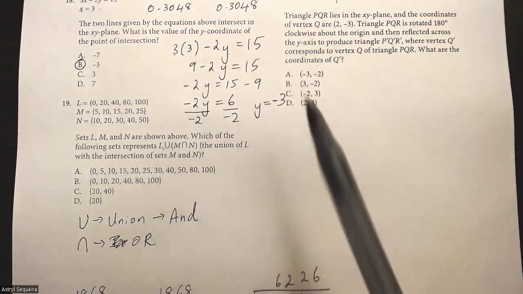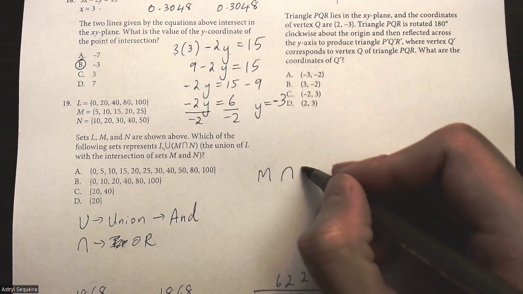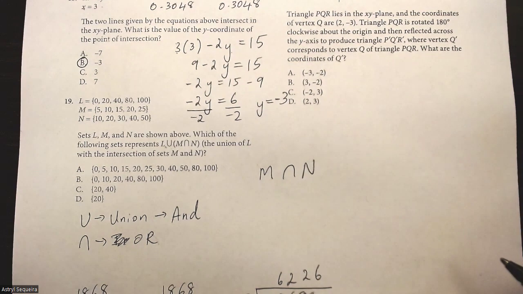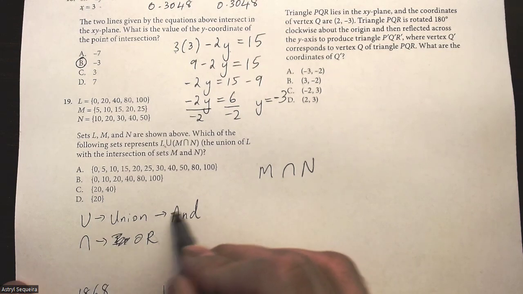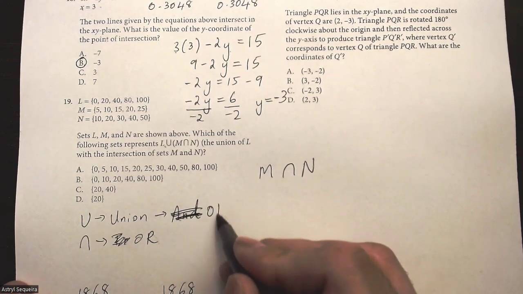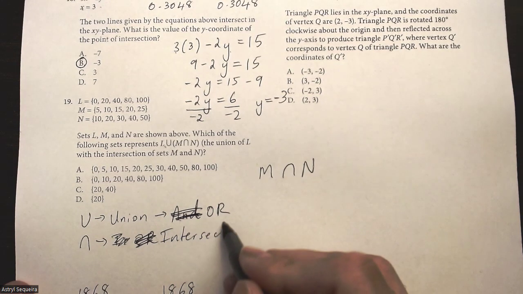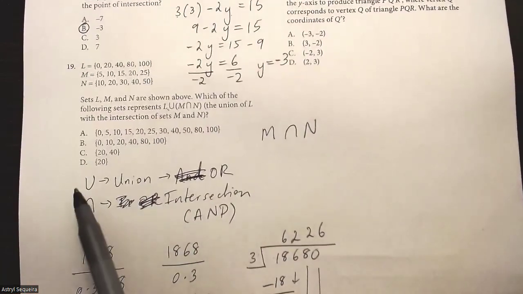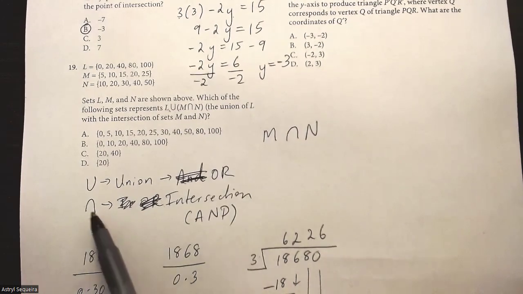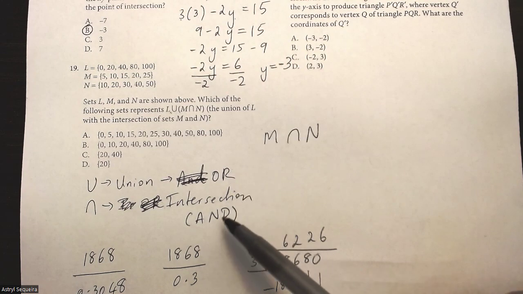First thing we want to do is a bracket, which is M and N. Oh, I did this wrong, by the way. I did this backwards. That's why I got confused for a sec. So U stands for union, which is or. N stands for intersection, which is also and. I like to think of them as or and and.